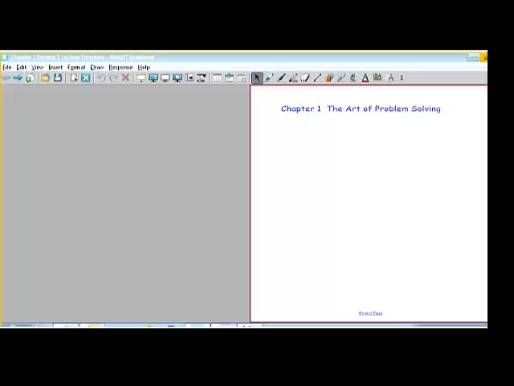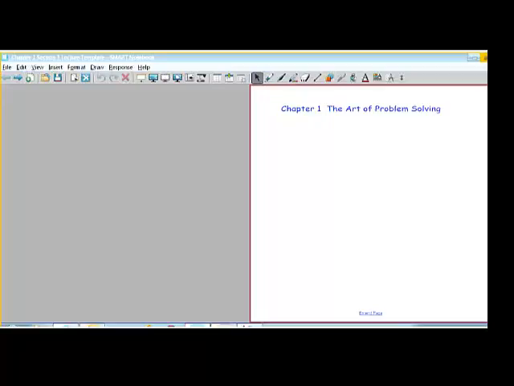The whole idea there is logic also applies to computer programming, which, again, you may not become computer programmers, but just having an idea of what's behind programming and computers is good to know. And then we'll talk a little geometry review.